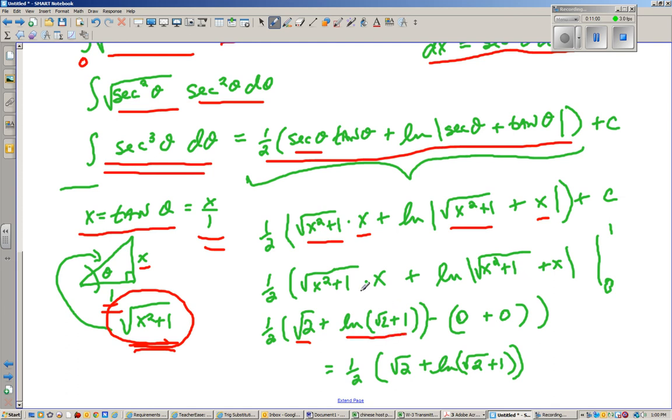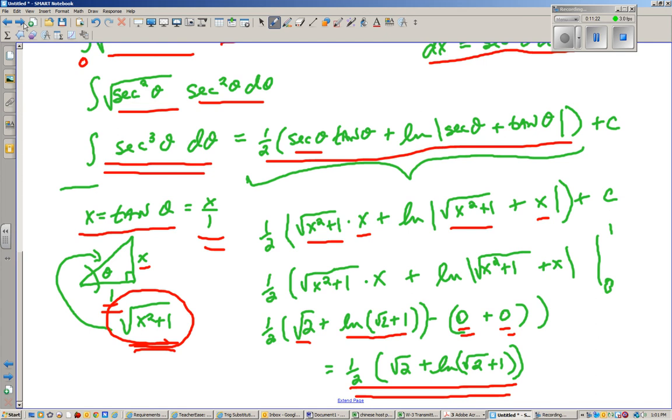Putting in my lower limit, anything times 0 is 0, and the natural log of 1 is 0, and 0 plus 0 is another 0. So there's the answer, right? Pretty ugly, but that is the answer, and I don't think we can do any better than that.